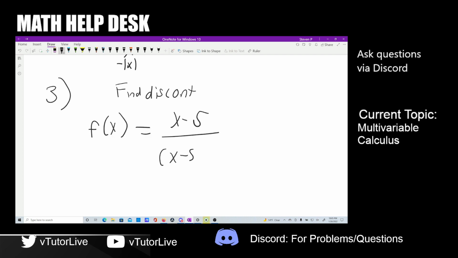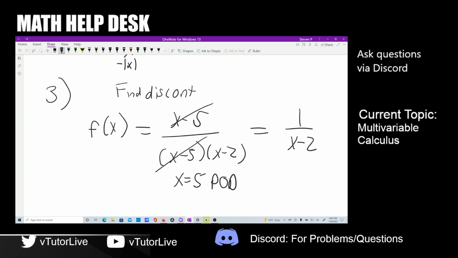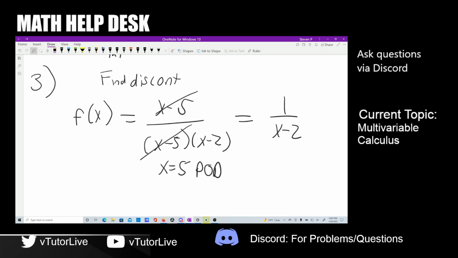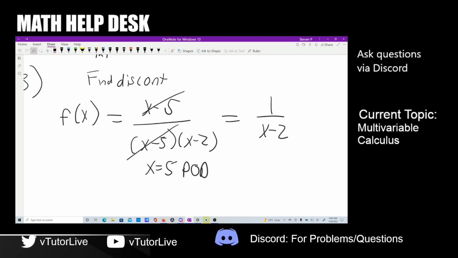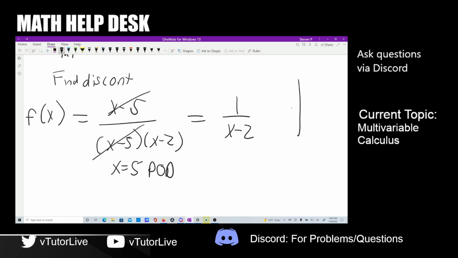So this is x minus 5 over x minus 5 times x minus 2. One thing to watch out for is that yes, you can cross these two out and realize that the function more or less looks like 1 over x minus 2, but you can't forget about x being equal to 5 as a point of discontinuity, POD. If you graph out 1 over x minus 2, there's going to be a vertical asymptote at x equals 2 as well.